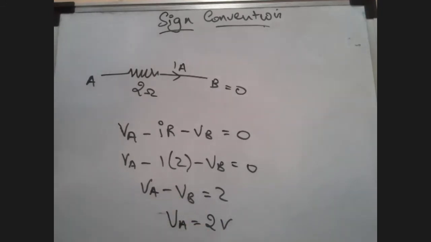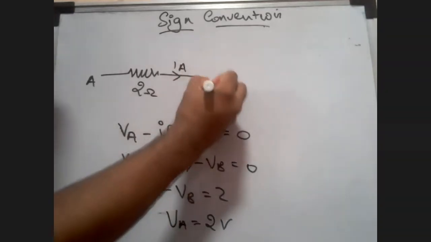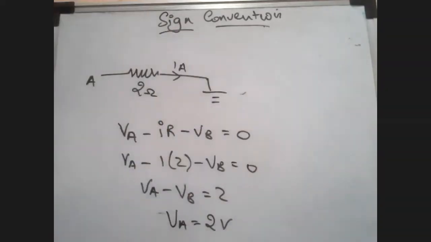Now look here. If VB is equal to 0, can I also represent it like this? Remember, this is from the grounding concept which I had taught you.